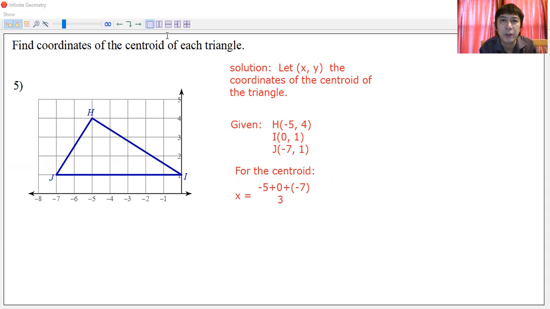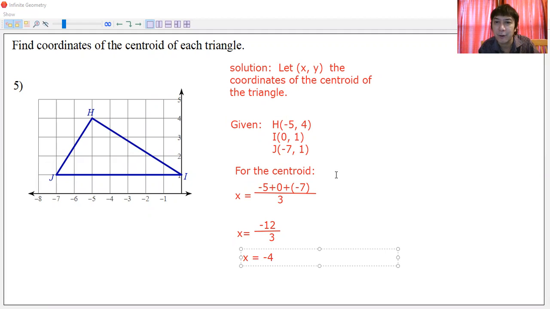Continue with the computation. Negative 5 plus 0 added to negative 7 is negative 12, to be divided by 3. Negative 12 by 3 is negative 4.